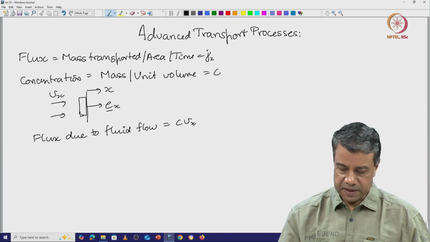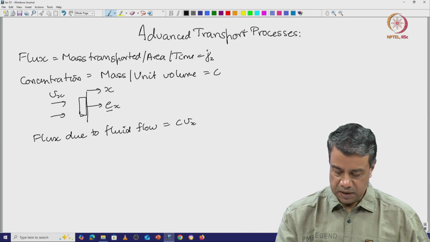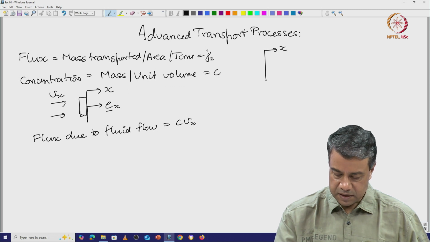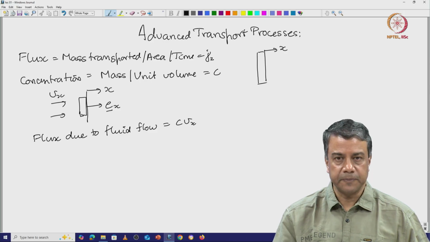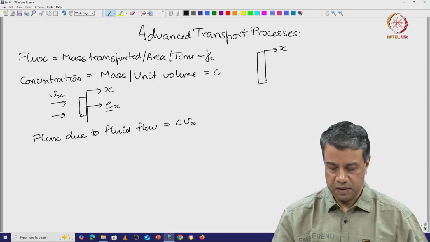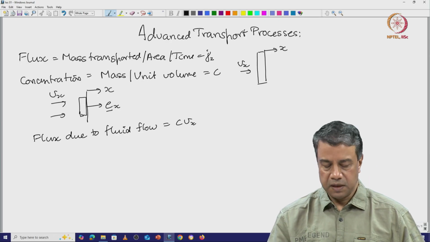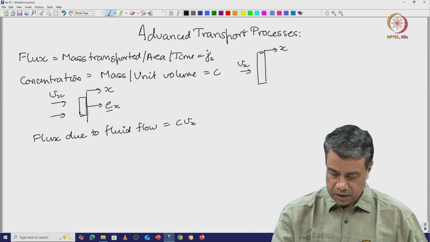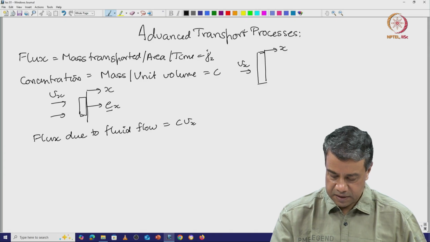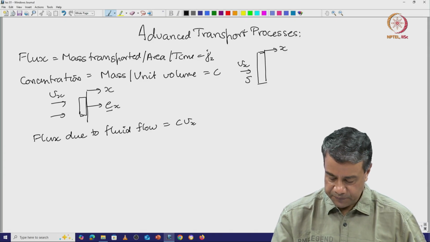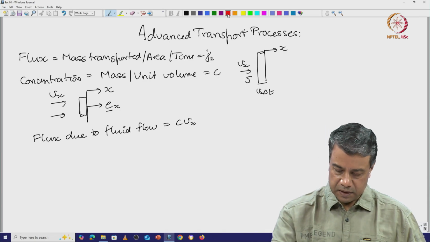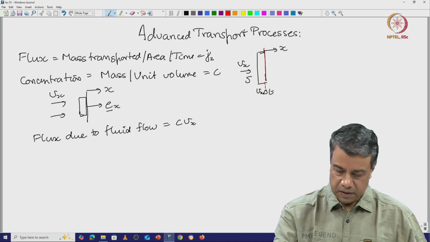Basically, the rationale is as follows. If I have a surface with unit normal in the x direction, and I consider a time delta t, with a fluid velocity in the x direction, then in a time delta t a volume of cross sectional area S and thickness Vx delta t will go from the left side of the surface to the right side.